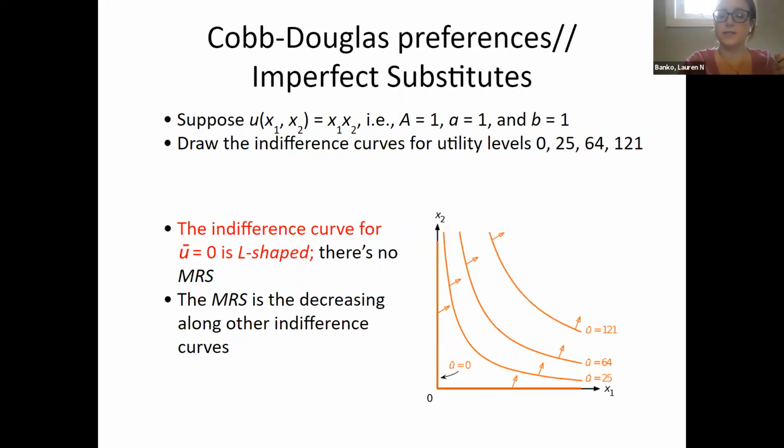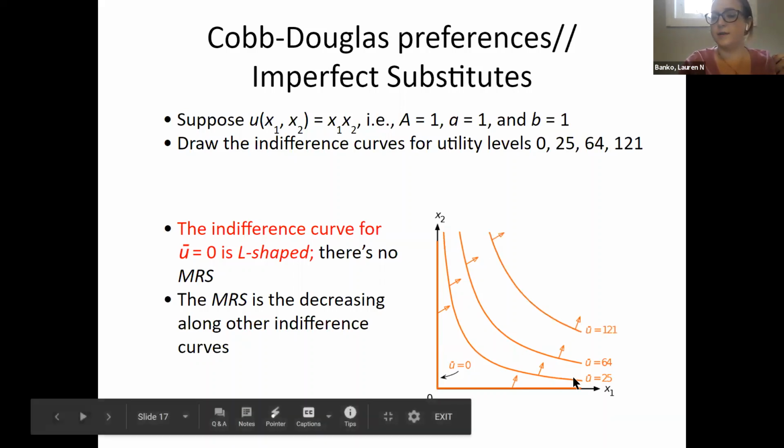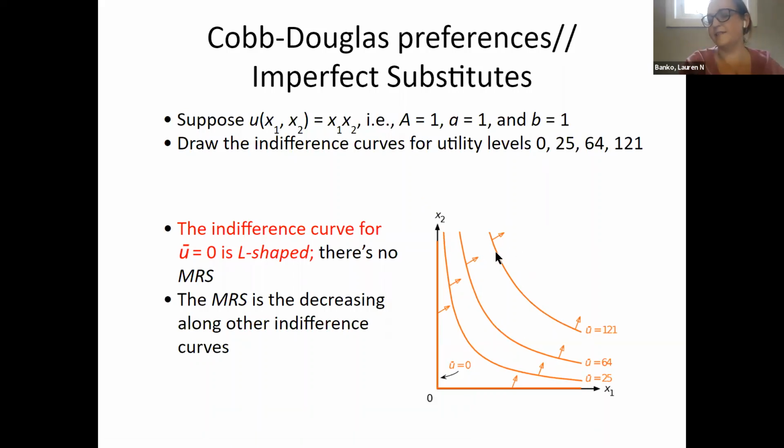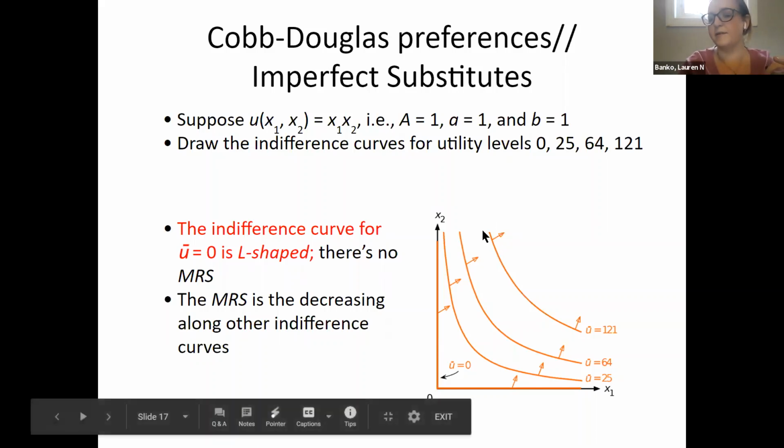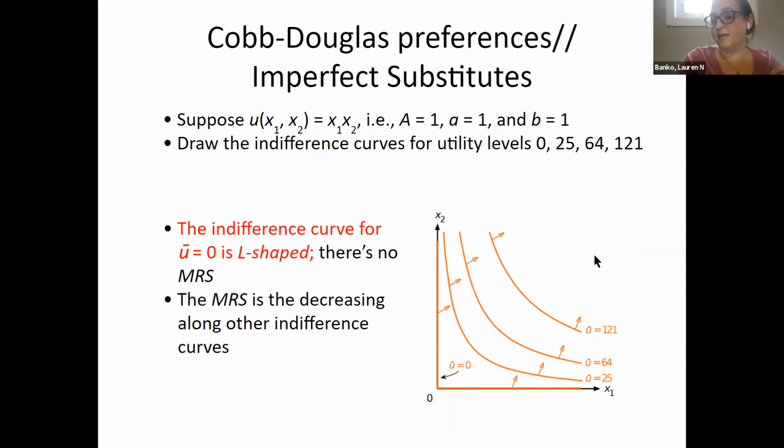But again, x1 and x2 being multiplied tells us we have Cobb-Douglas. And so the indifference curves for this are kind of these half U shapes. They're not necessarily exactly C's, but they're kind of along those lines. As we go up from the 0 axis, we get more utility.